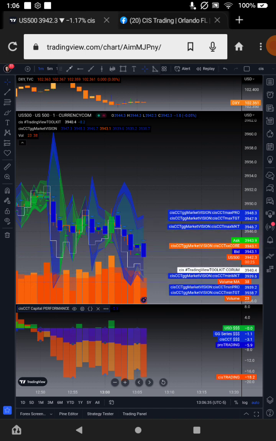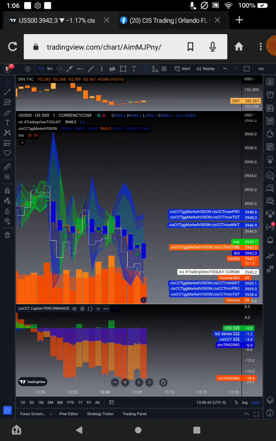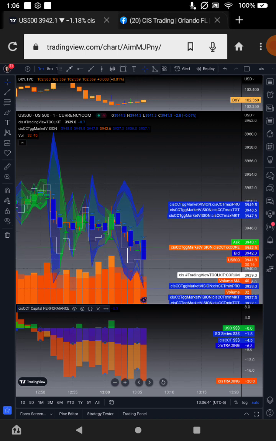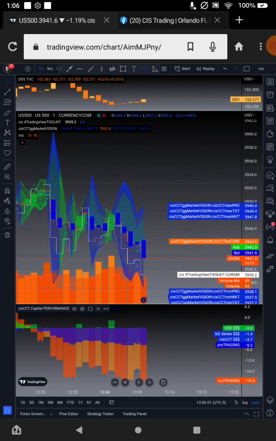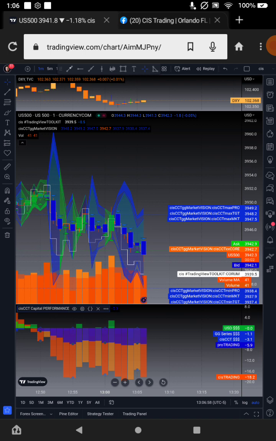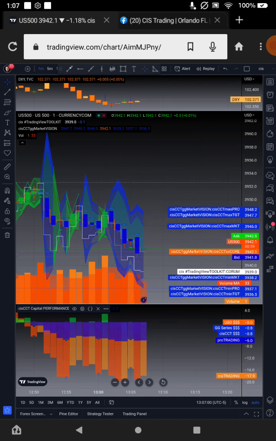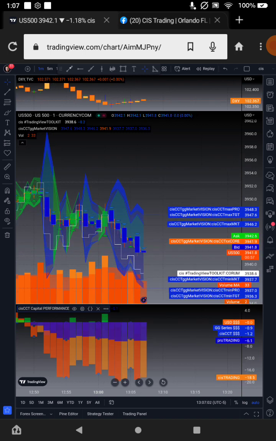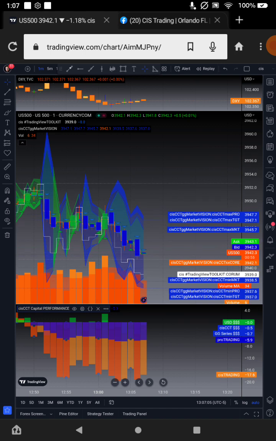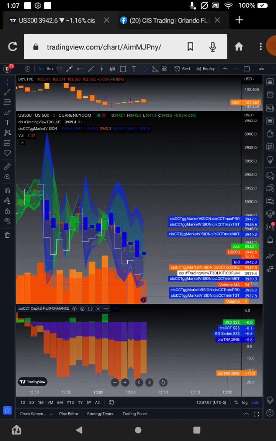When you watch that video, I show you how you can pro trade your chart with CIS CCT GG Market Vision and how that chart pro trades with this tool. And then you can actually take the cloud part. If you want to take all those levels off, you can deactivate that indicator very simply on the TradingView platform, but then it would plot all of your pro trading levels based on the CIS CCT GG Market Vision indicator.